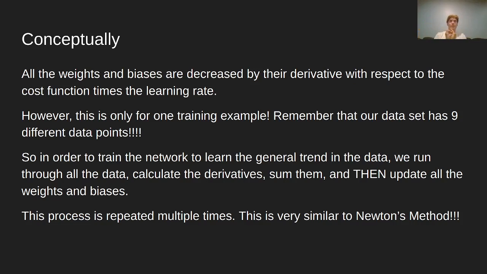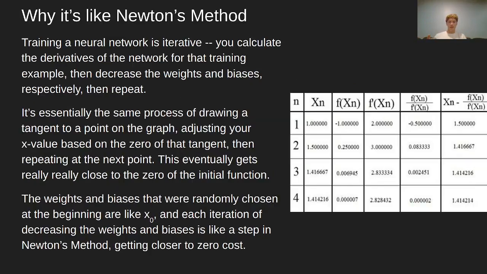This process does get repeated multiple times, so it's a little bit like Newton's method, I was thinking. Newton's method is an iterative process in order to find a zero for a function. So training a neural network is iterative. You calculate the derivatives of the network for that training example, then decrease the weights and biases respectively to their derivatives, and then repeat again and again and again, and eventually your cost function will approach zero.